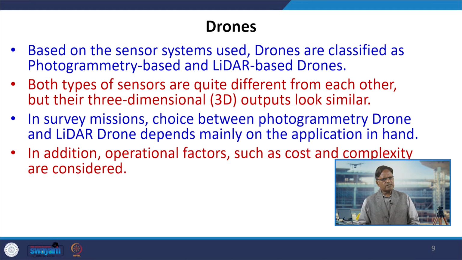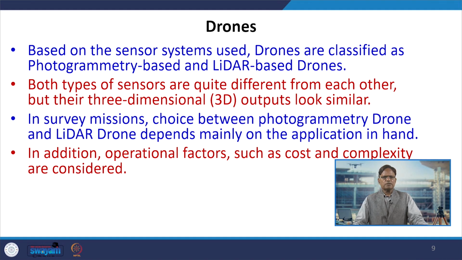Based on the sensor systems, drones may be broadly classified into two categories: the photogrammetric based and the LiDAR based. Now both types of sensors are quite different, although both provide us three-dimensional output, and the output may look similar but they are quite different from each other.